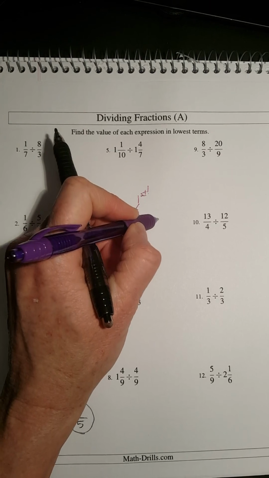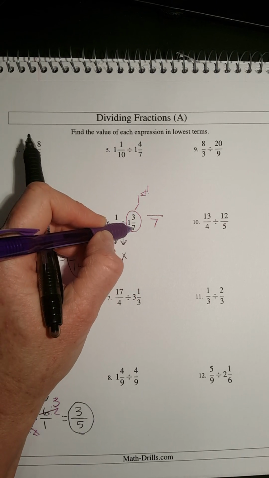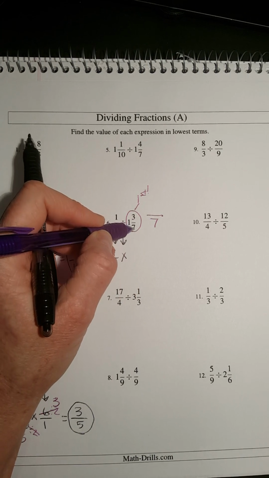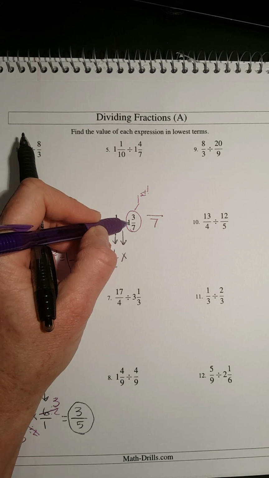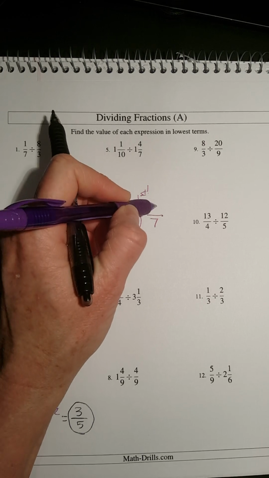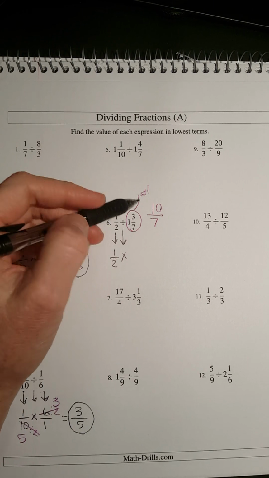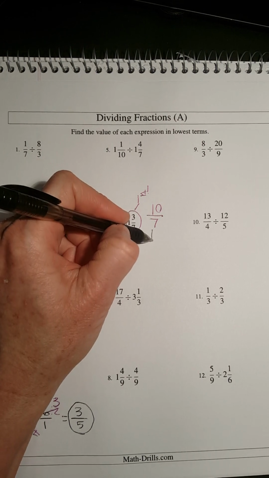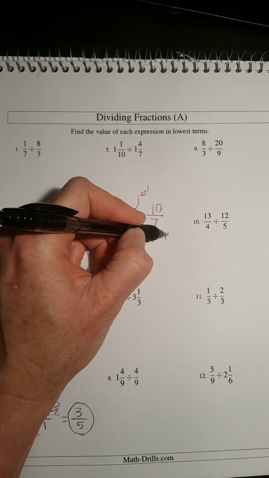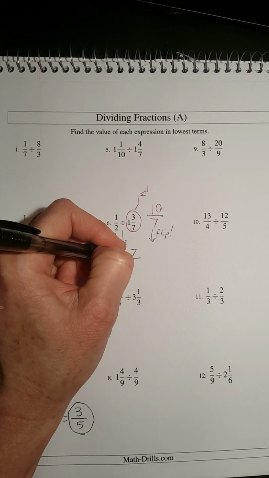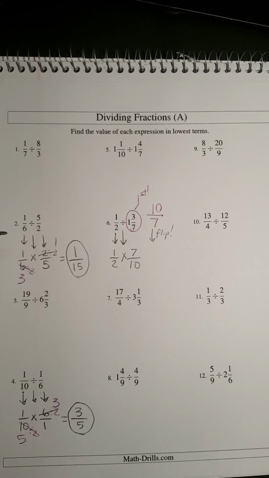So improper, remember, we multiply, we keep our denominator, and then we multiply 7 times 1, which is 7, and add 3, which is 10. So I have 10 thirds, but remember I'm going to flip this one, right? So this is a flip, which is going to be 7 over 10. Don't go too fast that you make that mistake.